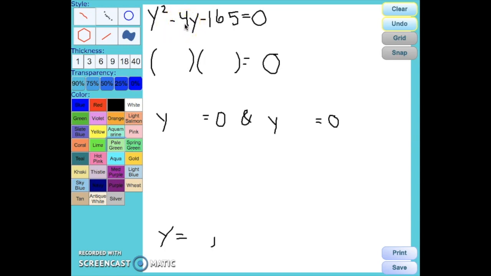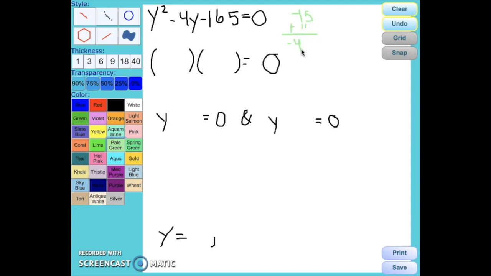Yes, we could do smaller numbers, but we have to multiply to 165. The numbers that I got were negative 15 plus 11. I'm using a mouse pad, so it's a little bit messy. Negative 15 plus 11 equals negative 4.